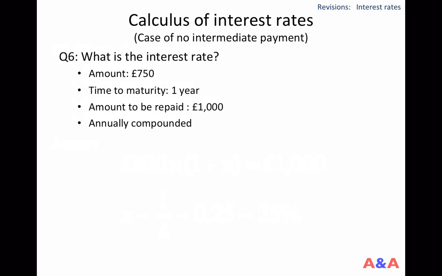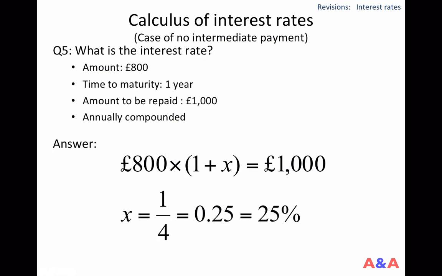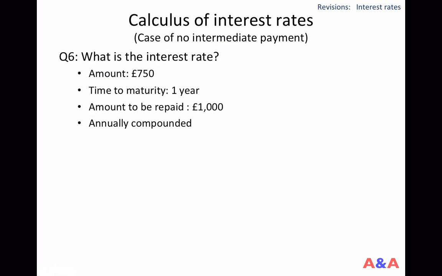Question 6. What is the interest rate? The amount borrowed £750. Time to maturity again 1 year. The amount to be repaid £1,000. The only difference from the previous question is that the amount you borrow today is just £750 as opposed to £800 in the previous question.